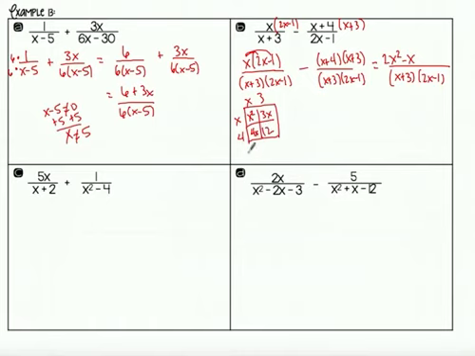And so when I put those together, it would give me x squared plus 7x plus 12. But I'm subtracting all of that. Which means that the top of that fraction is going to turn into 2x squared minus x squared minus 7x minus 12.